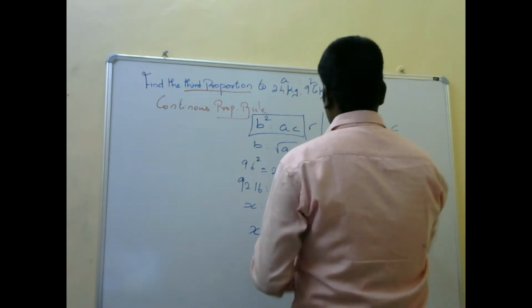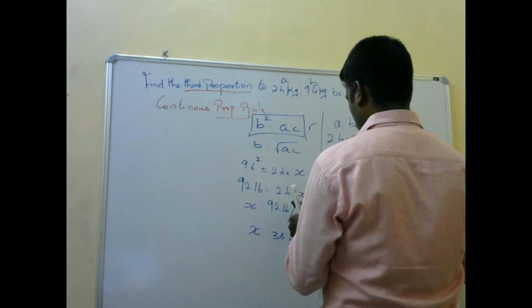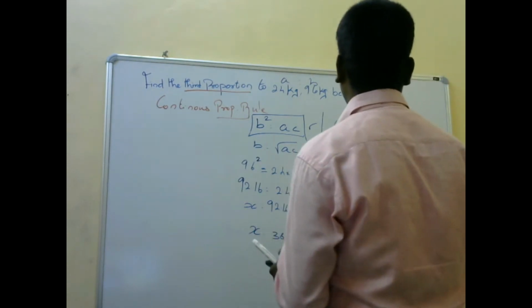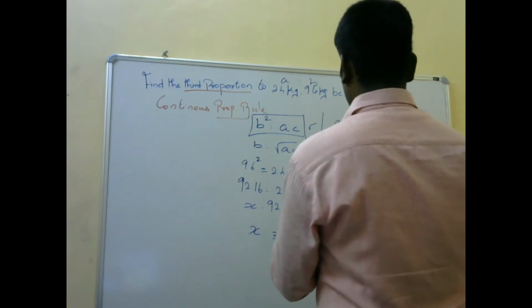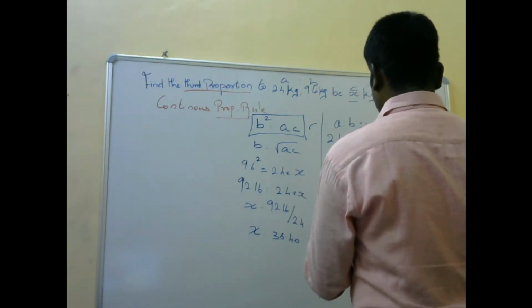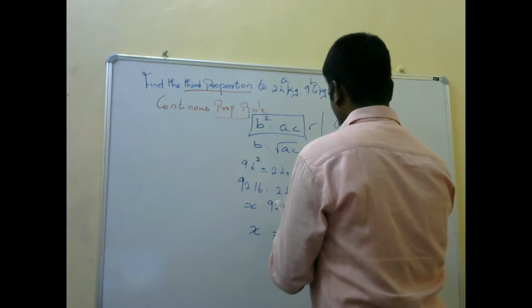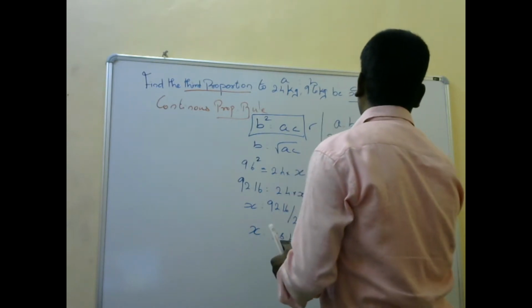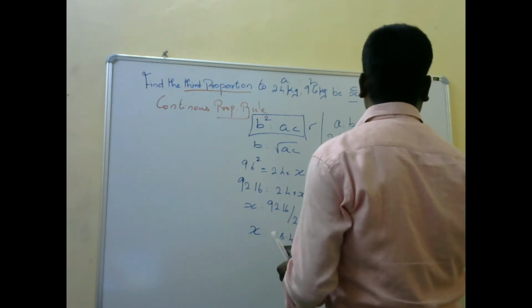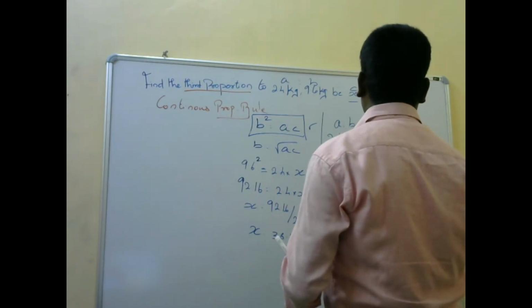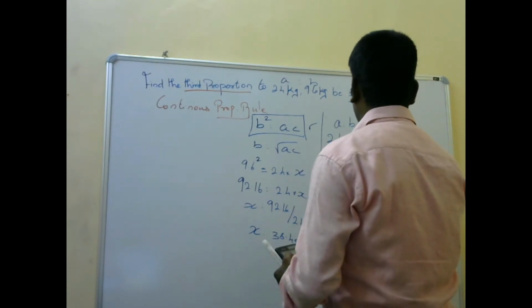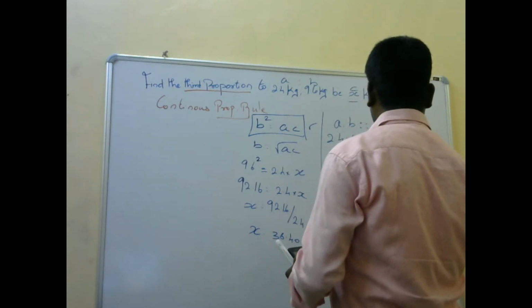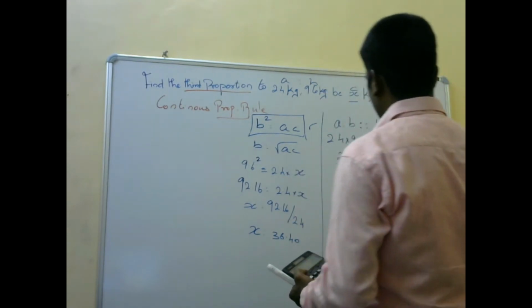So 2.4 divided by 9.6 is equal to 9.6 by x.